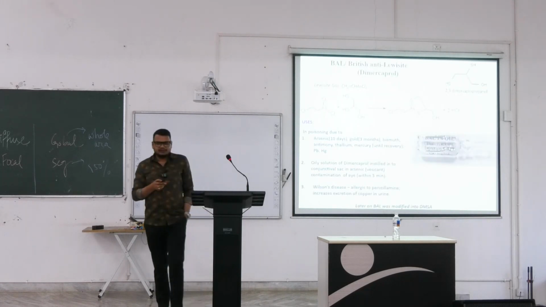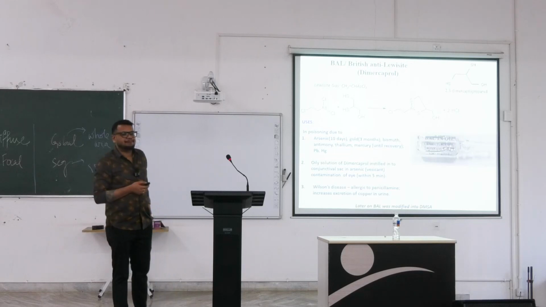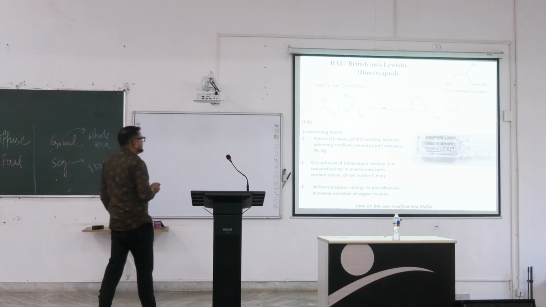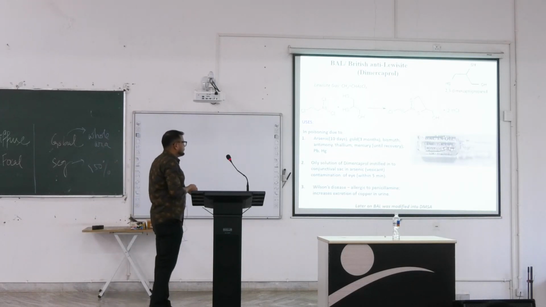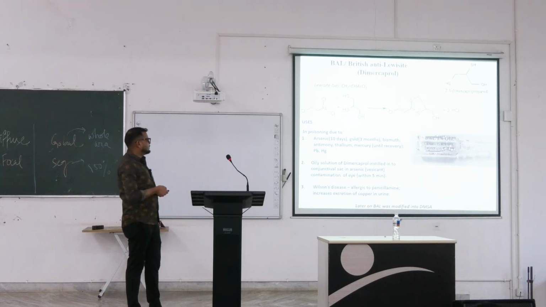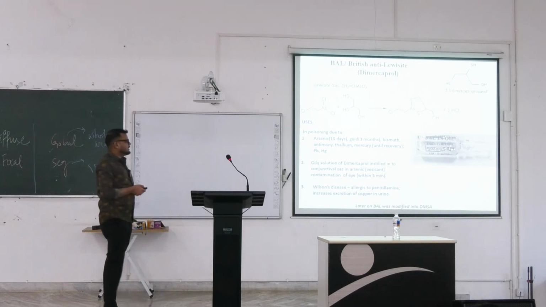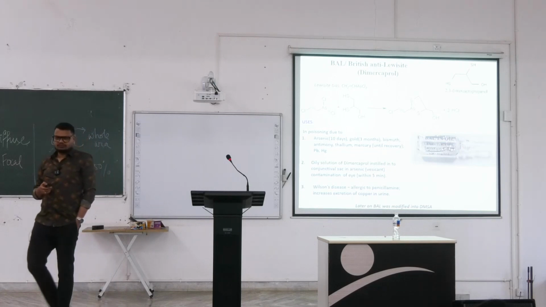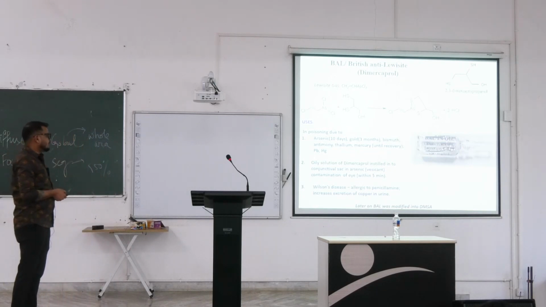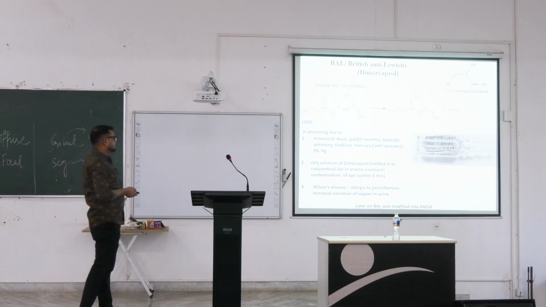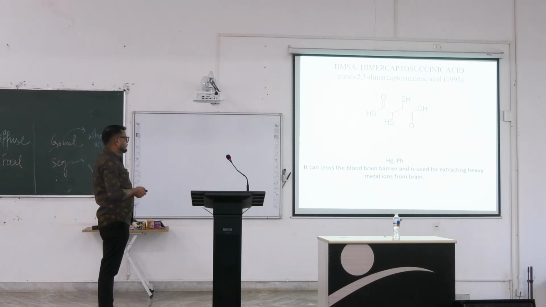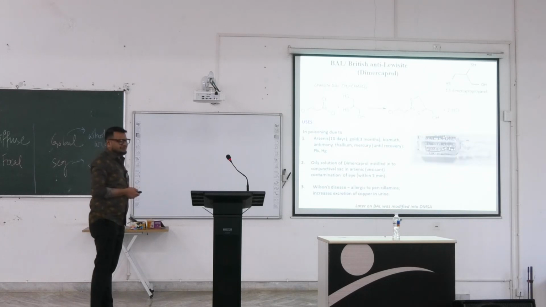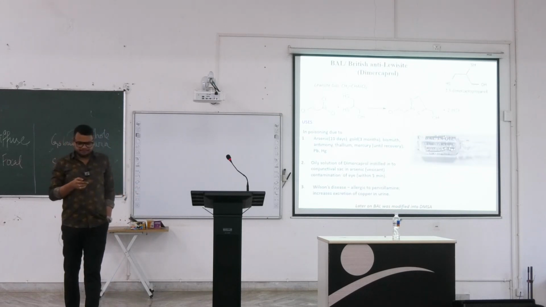Next, the last one, that is Dimercaprol or BAL, British anti-lewisite. Its use is in arsenic, gold, bismuth, antimony, and mercury poisoning, mainly. Not very much used today.